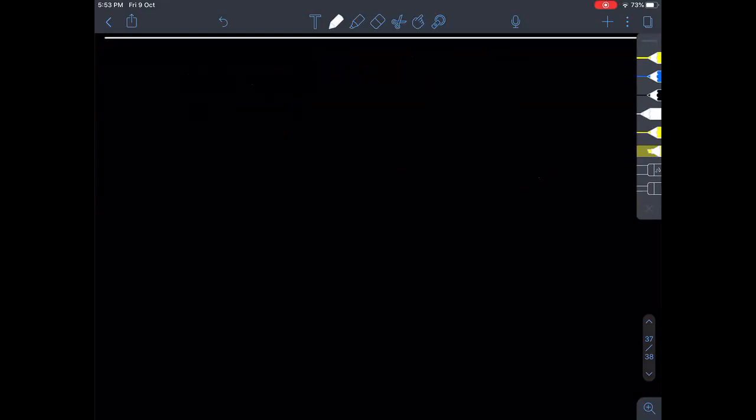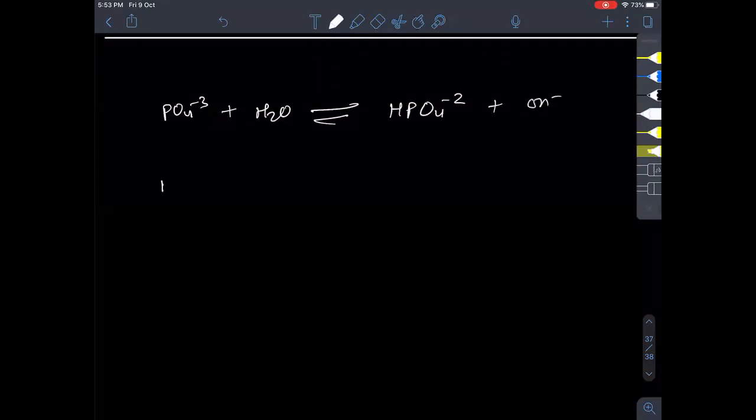So we had PO4 -3, right? Some concentration of PO4 -3. Basically the salt Na3PO4, the only active species that will hydrolyze. So this is a simple case of anion hydrolysis. We will get step-by-step hydrolysis. First you accept one H plus ion, then you accept another H plus ion from water during hydrolysis, right?